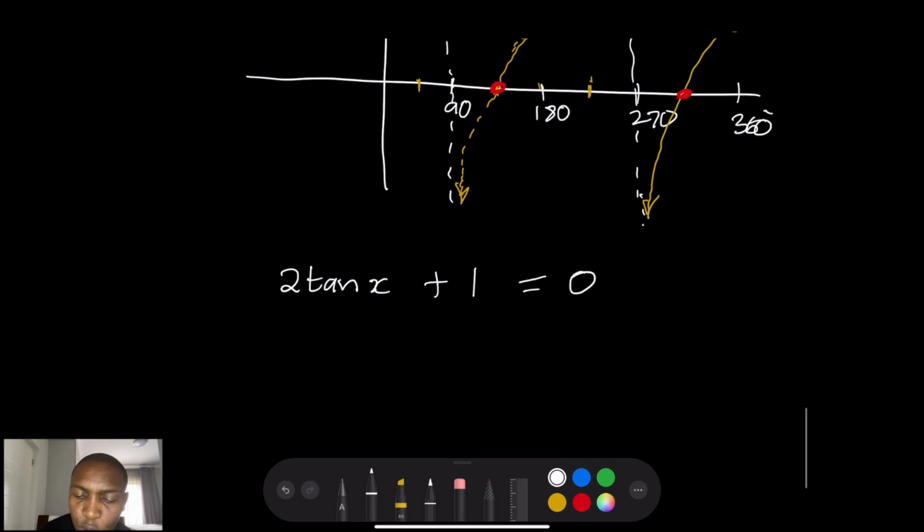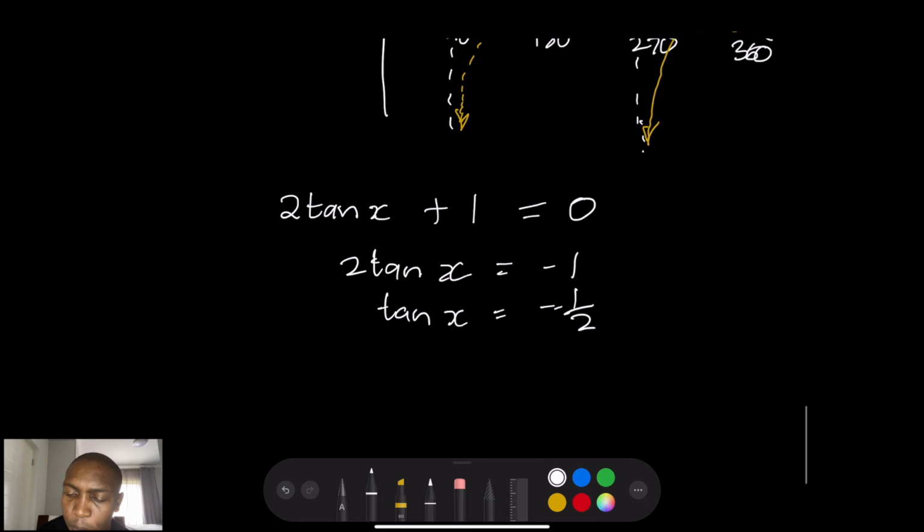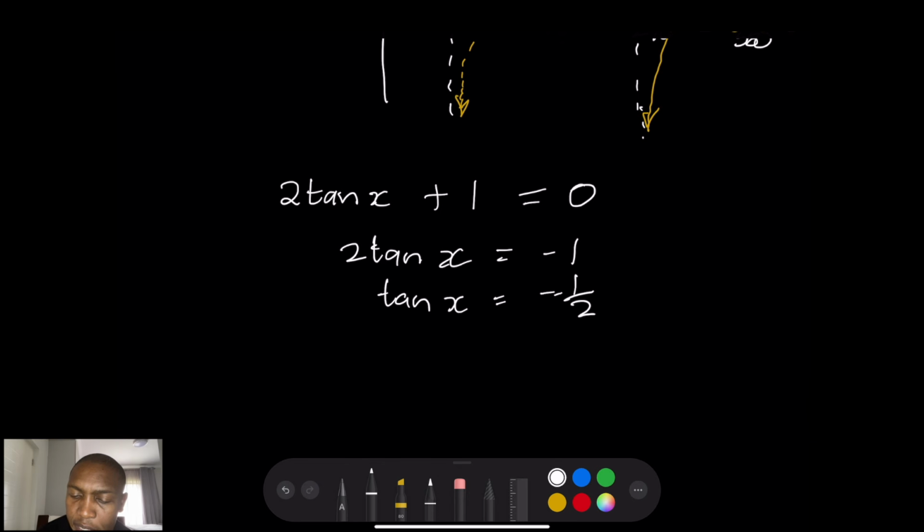So then you can solve this, and this is where the general solution comes in. This is 2 tan x is equal to minus 1, and therefore tan x would be minus 1 over 2. In this case, you can just say this is at the arctan of minus 1 over 2.